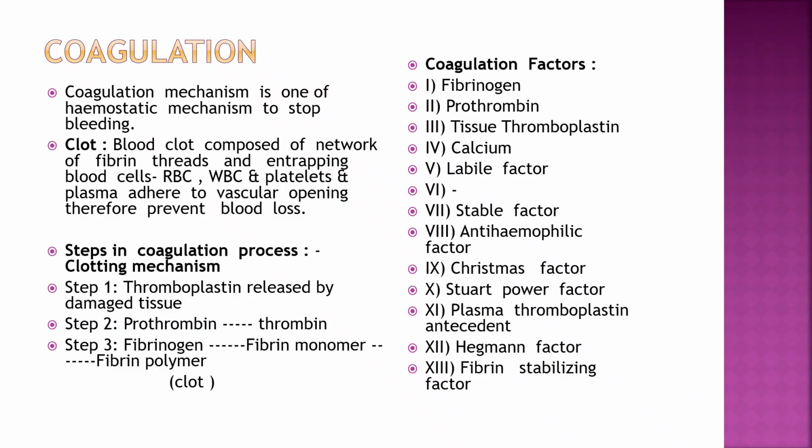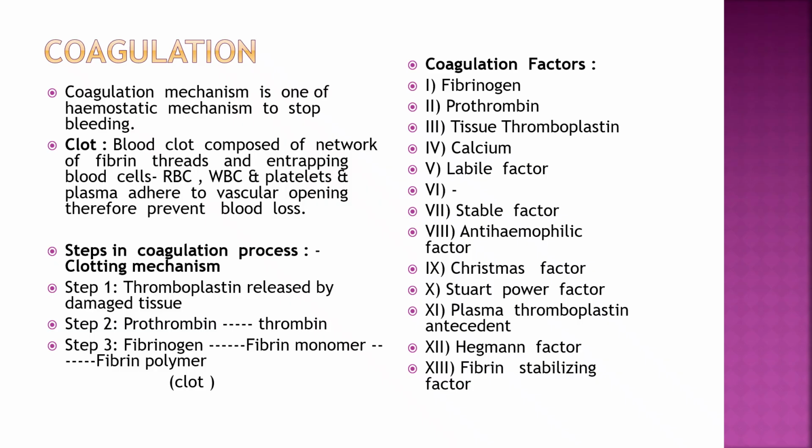All these coagulation factors are in an inactive state when in the fluid blood, but when damage to the vessel takes place, the clotting factors get activated, and then they convert one inactive factor into the active factor.